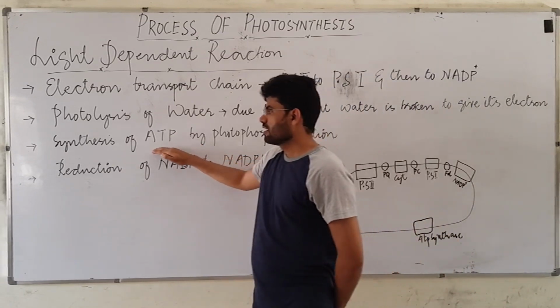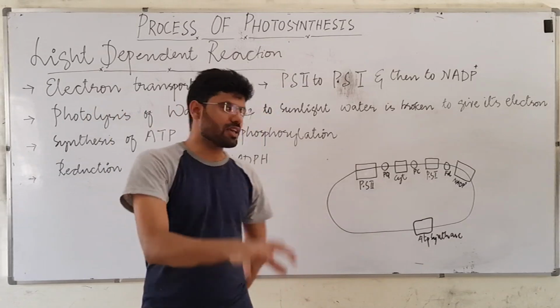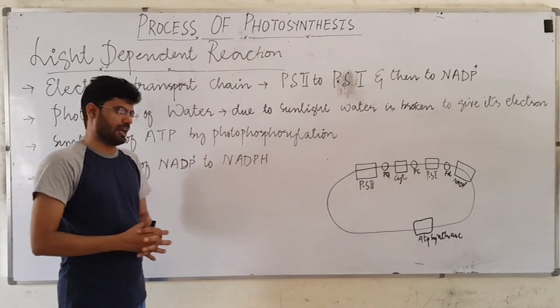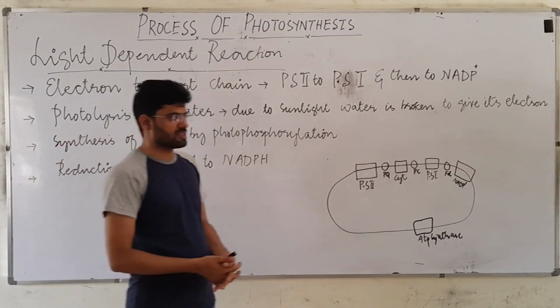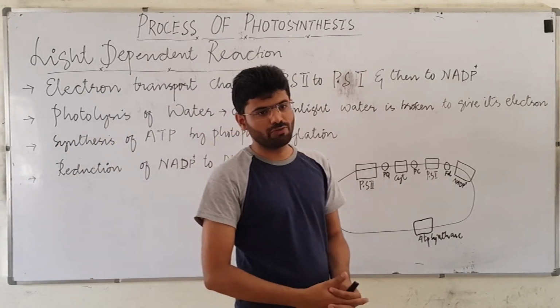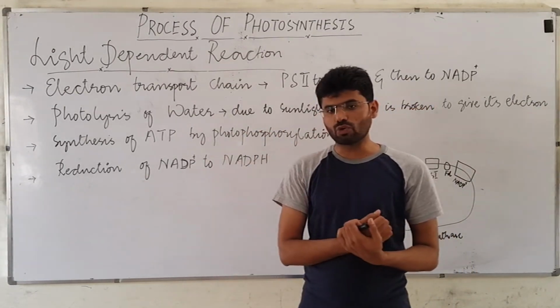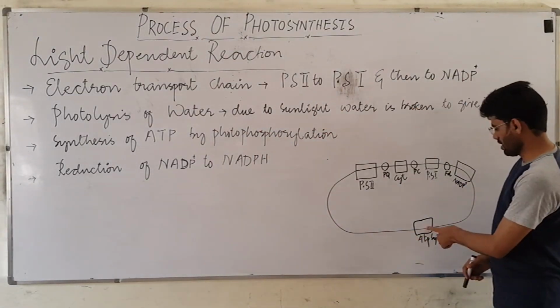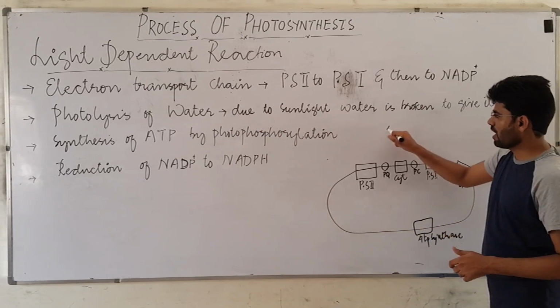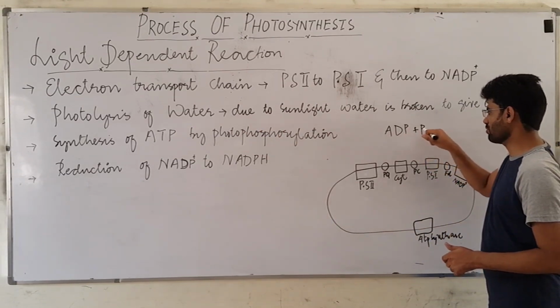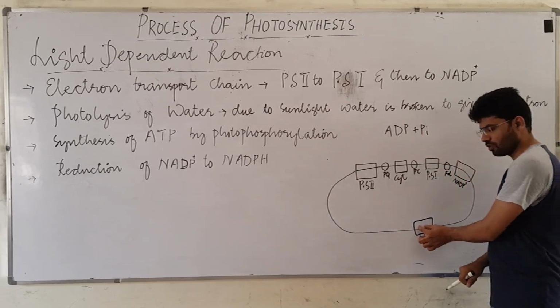The third thing is the synthesis of ATP, and that is called photophosphorylation. Phosphorylation means the attachment of a phosphate to any kind of molecule. If you saw, at ATP synthase, inorganic phosphate ions are present over here.